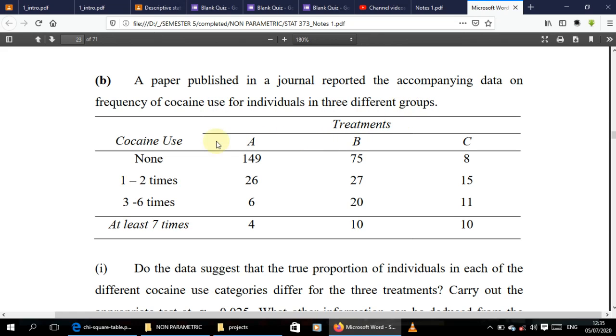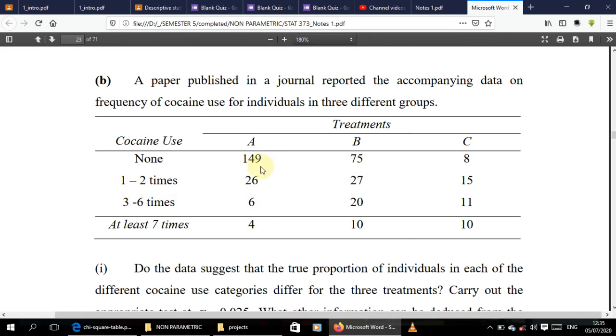These are the various groups. If somebody is in group A and uses no cocaine, they are 149. Somebody in group A who uses cocaine 1 to 2 times, probably a day, has 26.